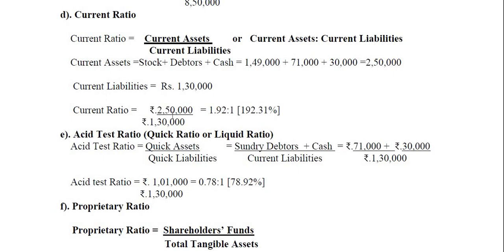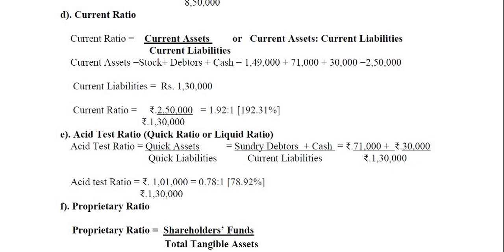So if you put the values into the formula, you will get the ratio 1.92:1. That means current assets are 1.92 times of current liabilities.